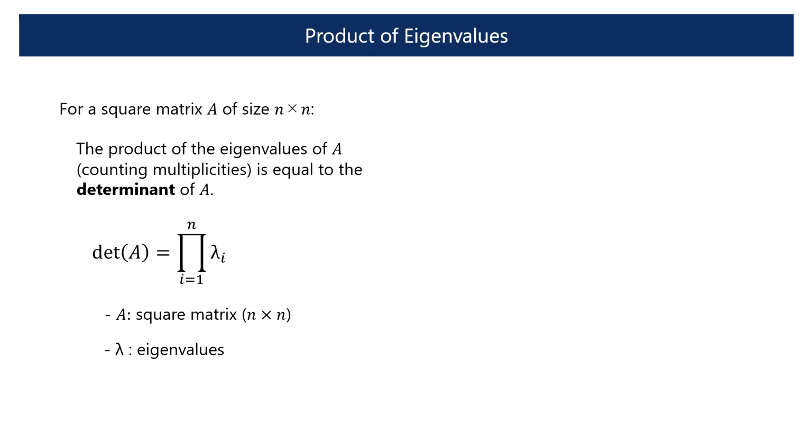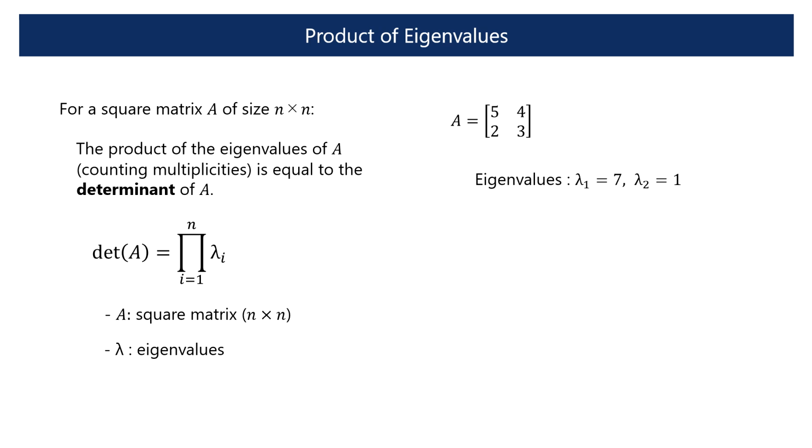Let's start with product of eigenvalues. This property says that for a square matrix A of size n by n, the product of the eigenvalues of A is equal to the determinant of A. Let's take an example.